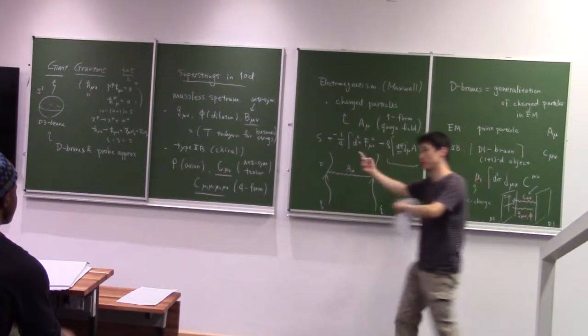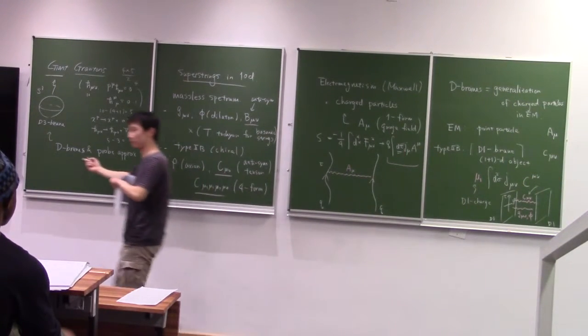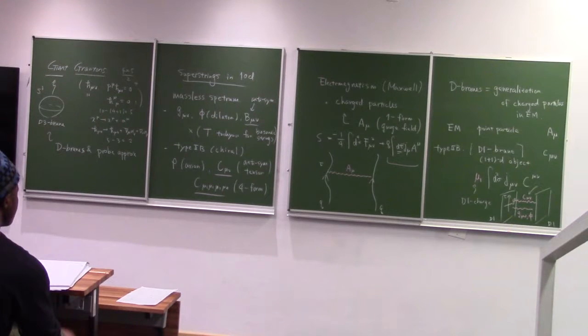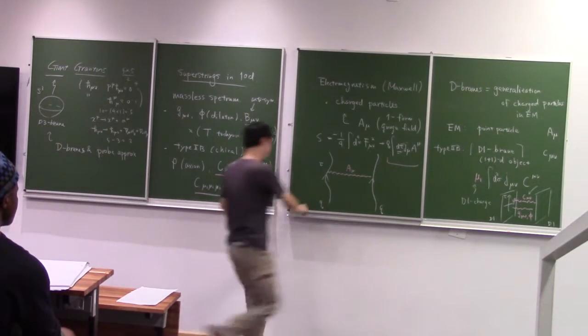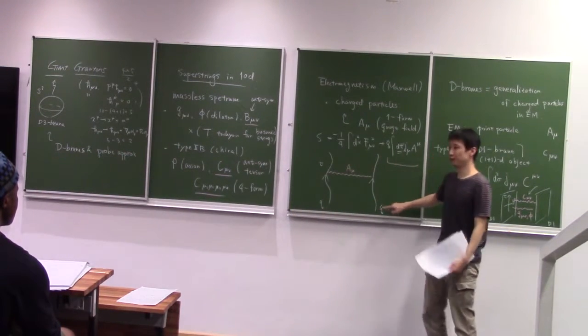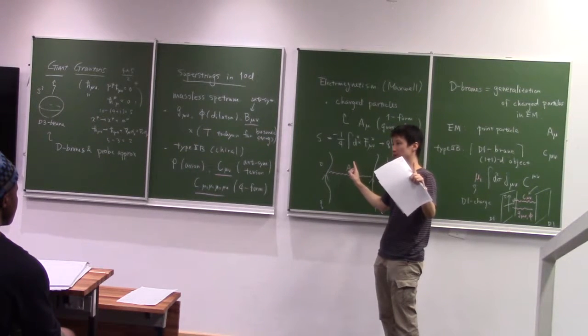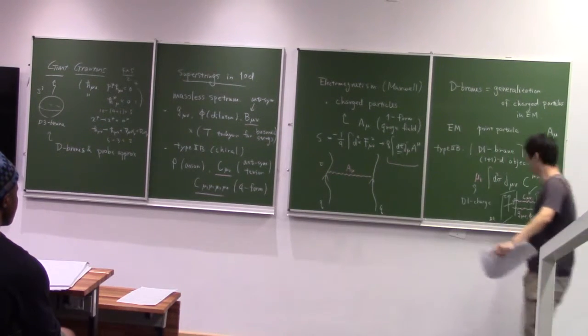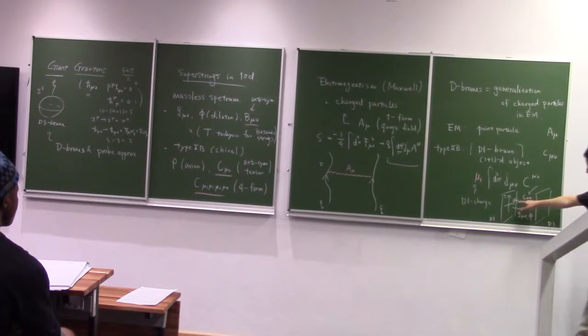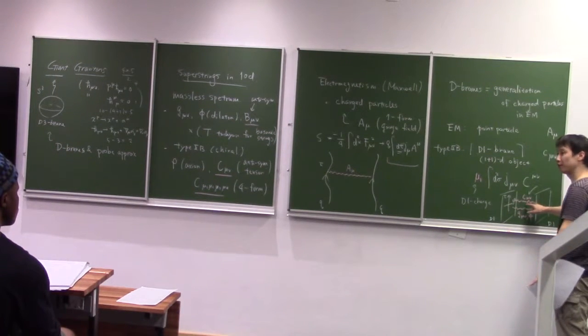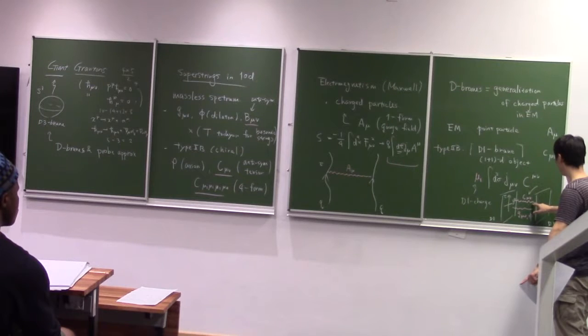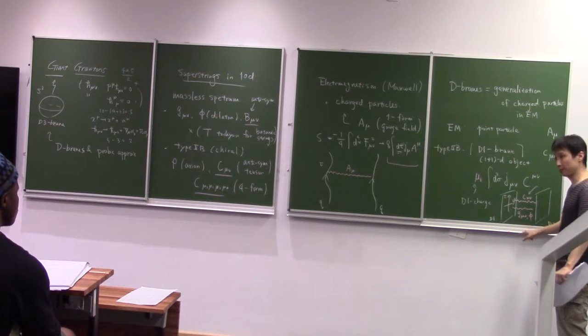So is the force caused by the exchange of 2 forms repulsive or attractive? If you have like charges exchanging photons, the force between them will be repulsive. Likewise, the force caused by these 2 forms is repulsive.